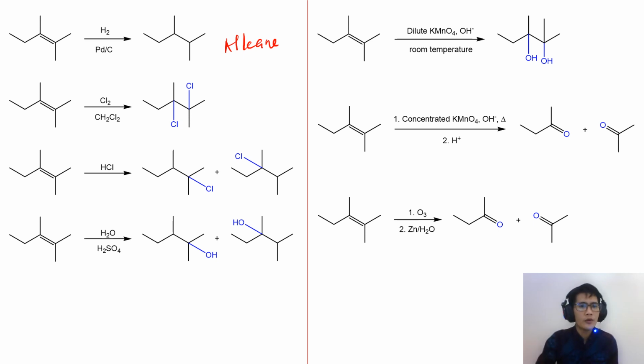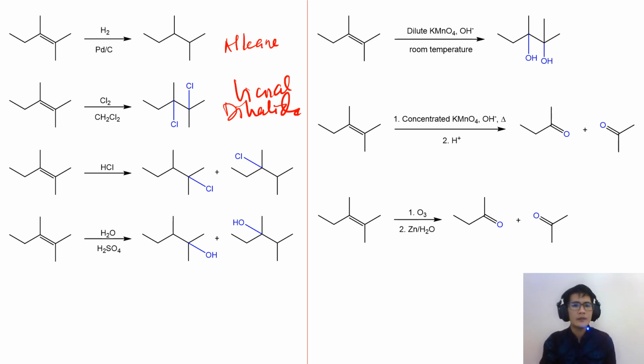The same goes to reaction number 2, the vicinal dihalide. You add the same atoms, which are the chlorine atoms, to both ends of the C double bond C. Therefore, it only produces one product.